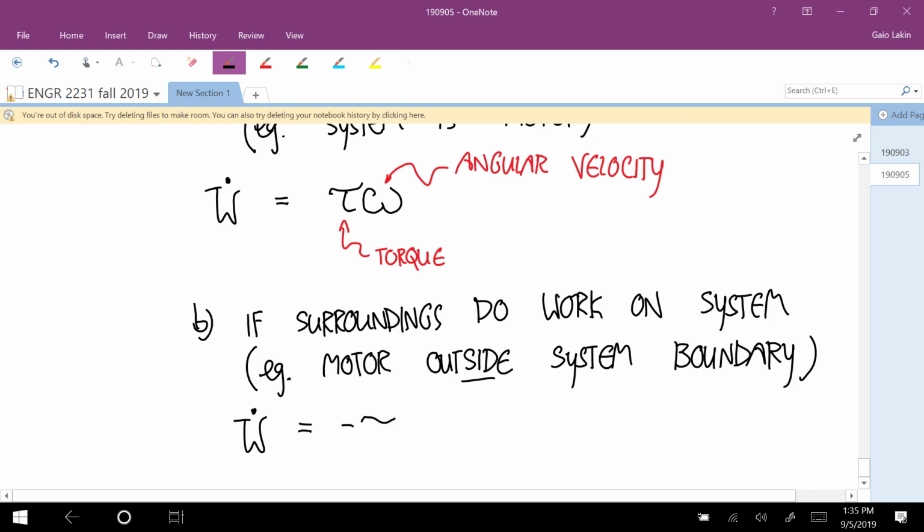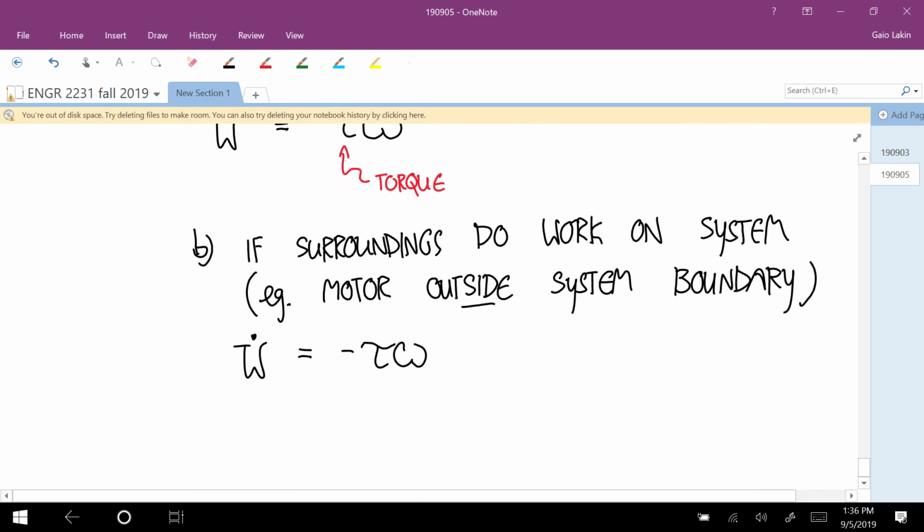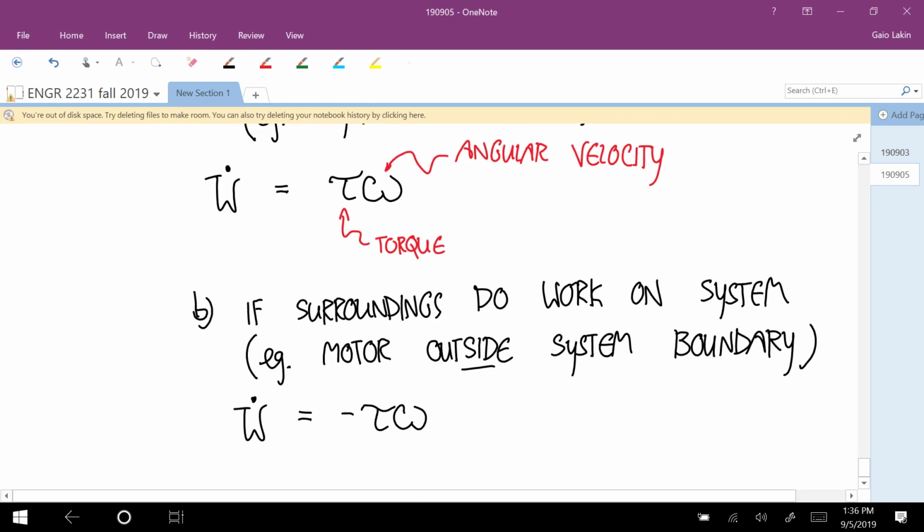So negative torque times angular velocity. Yes, so that's important.